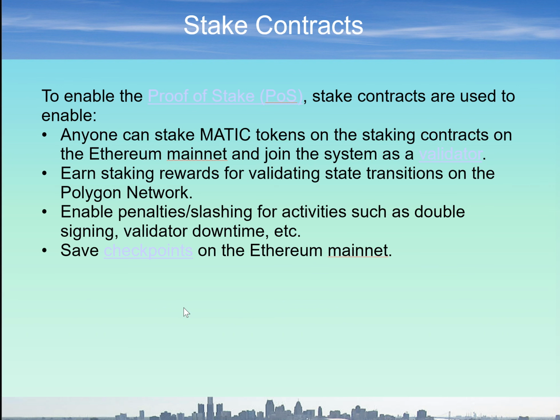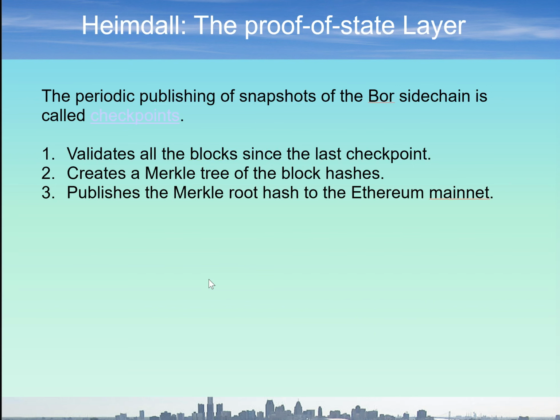And of course, the main purpose of this is also to be able to save checkpoints on the Ethereum mainnet. So they are the ones who are doing it, right? The validators. And Heimdall is the proof of stake layer, which is going to periodically publish snapshots of the Bor sidechain onto Ethereum.